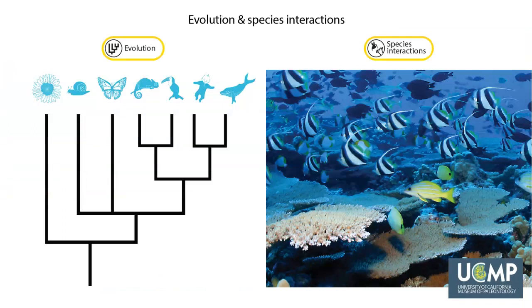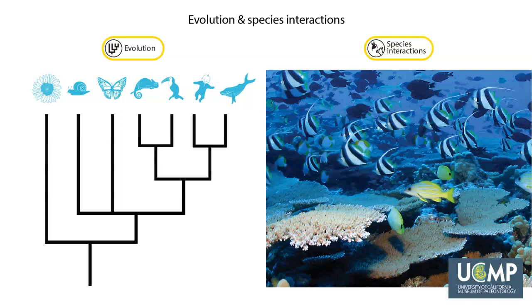Evolution and species interactions. Now that we're talking about species and living things, we're moving into the biosphere. They profoundly affect the Earth system. For example, the evolution of photosynthesis dramatically increased oxygen levels in the atmosphere. Life has been and continues to be shaped by evolutionary processes.